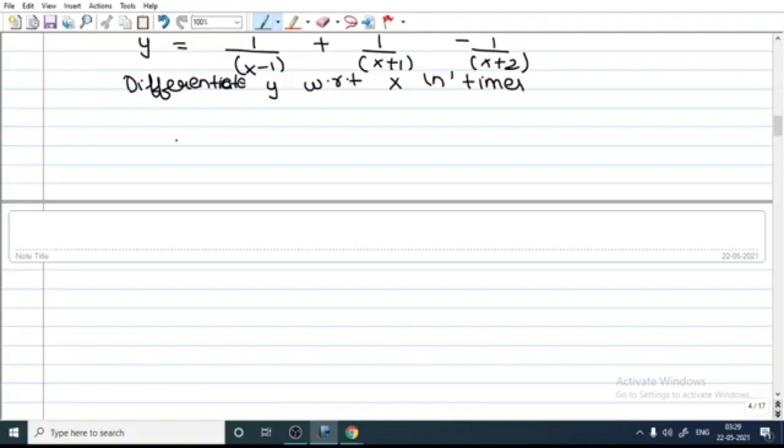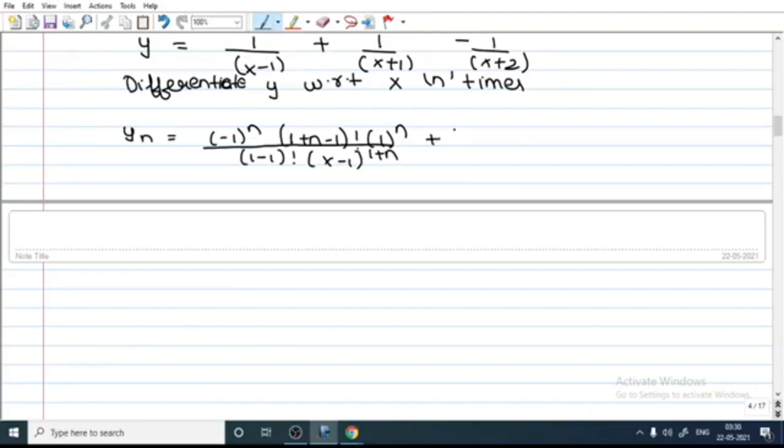So if I differentiate this, what am I going to get? I'm going to get yn equals minus 1 power n into m plus n minus 1, which is nothing but 1 plus n minus 1 factorial into a, which is 1, here upon the whole of m minus 1, so 1 minus 1 factorial into x minus 1, the whole power 1 plus n.